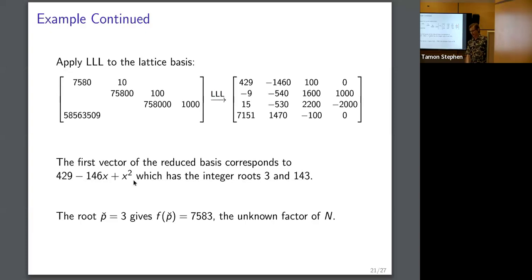In this case, it's a quadratic, so it's very easy to find the integer roots. It actually has 2, 3, and 143. 143 is spurious here, but 3 is indeed the low bits. So you find the integer root, and that gives you the low bits of p, therefore the factor of n. Now you've factored n, you can read Dr. Evil's messages to destroy the world.